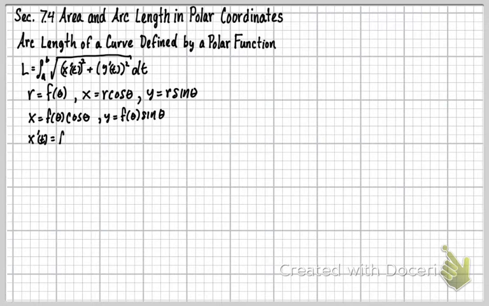So it'll be the derivative of the first times the second, plus the derivative of the second, so I'll have to change my sign here, times the first. I changed it because the derivative of cosine is negative sine, so that's why I got a minus there. Now I'm going to do the same thing for y prime of t.